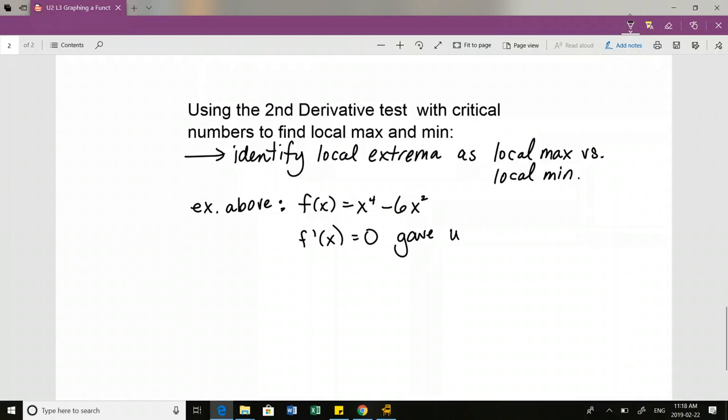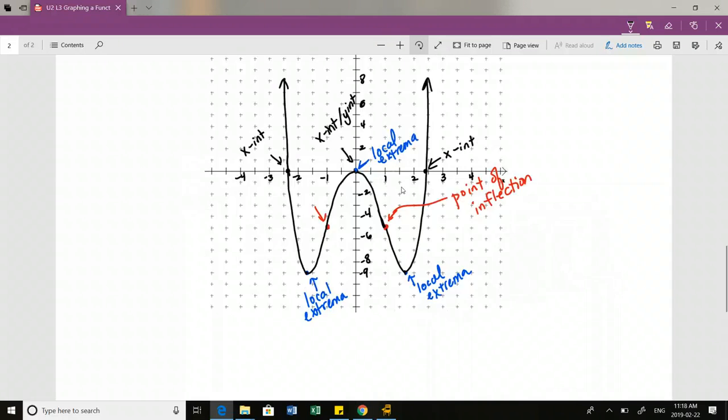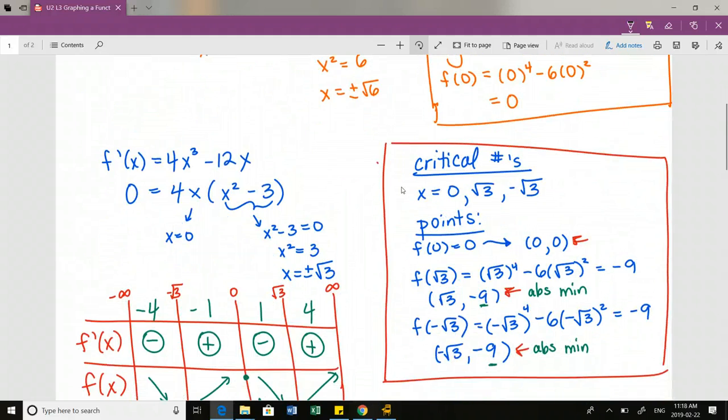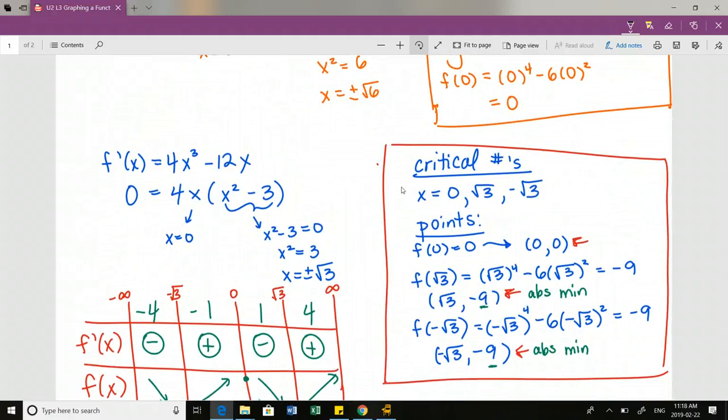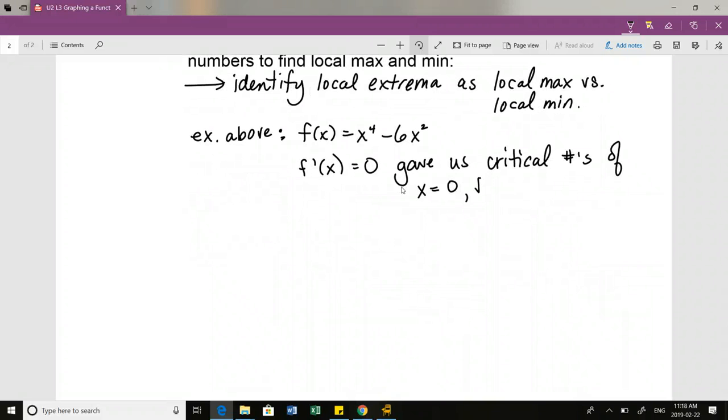What was it, root 3, negative root 3, and 0. Was it root 6? No, it's these guys here. Those were the zeros, right? Okay, it gave us critical numbers of these 3 guys.